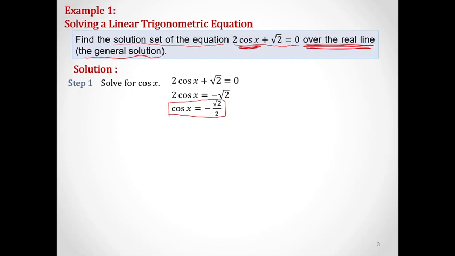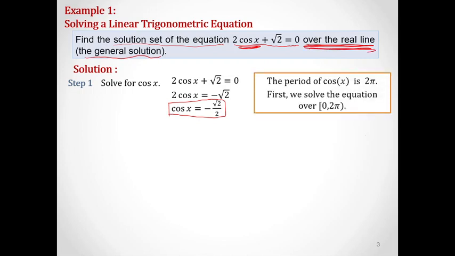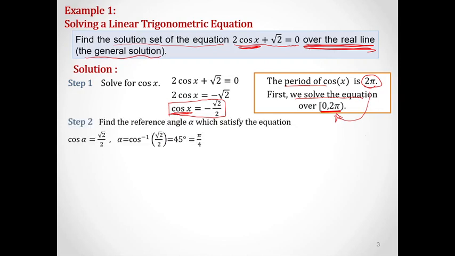Since it says over the real line, the first thing is you look at the period of cosine x here, and you solve the equation over 0 to 2 pi. This is the period, so you solve it from 0 to 2 pi first. When solving it, we will use the reference angle.